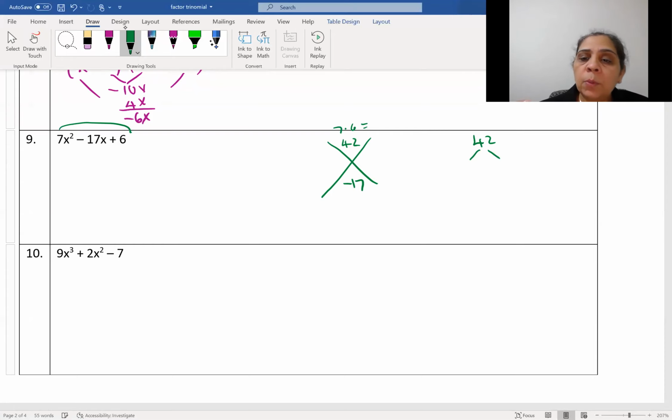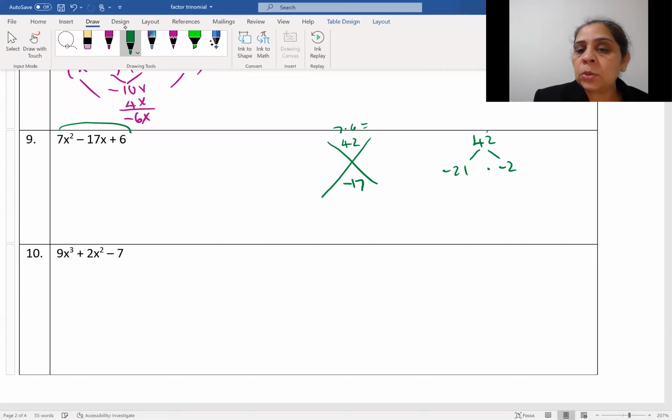So I will start from 42 times 1 is 42. That will not work. So let's divide by 2. Negative 21 times negative 2 is positive 42, negative 21 plus negative 2 will be negative 23. That will not work. Can I divide by 3?